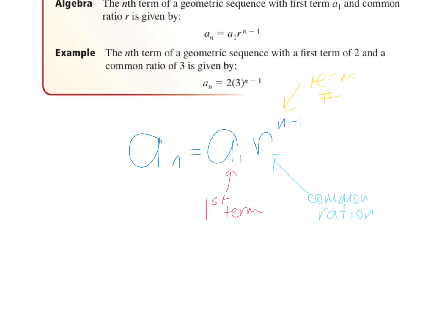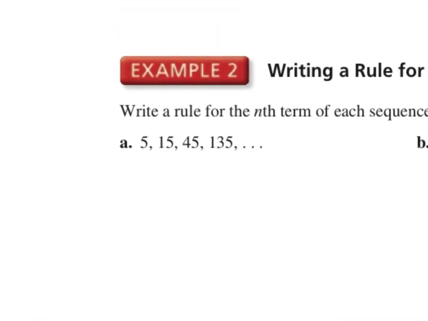All right, 88. Let's look at some examples here. What do we need in order to write a rule? There's 2 things we need. First term, a sub 1, and what the common ratio is. And then everything else just goes into the formula. So what is the first term that you guys see here? 5, perfect.